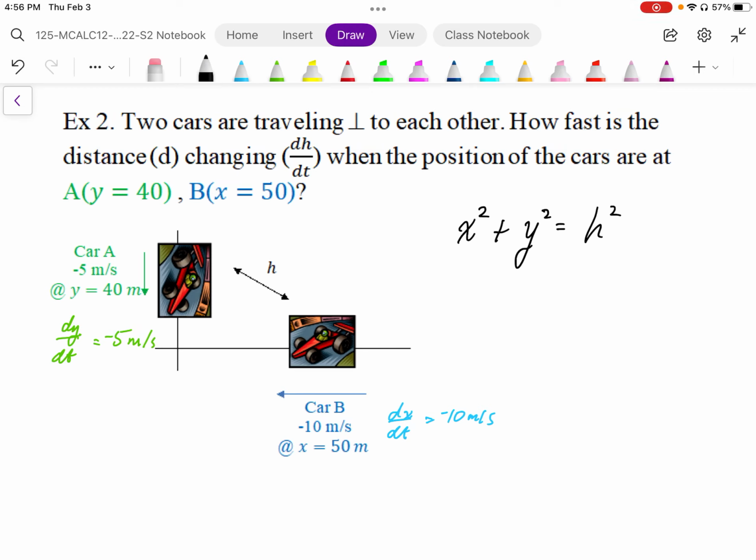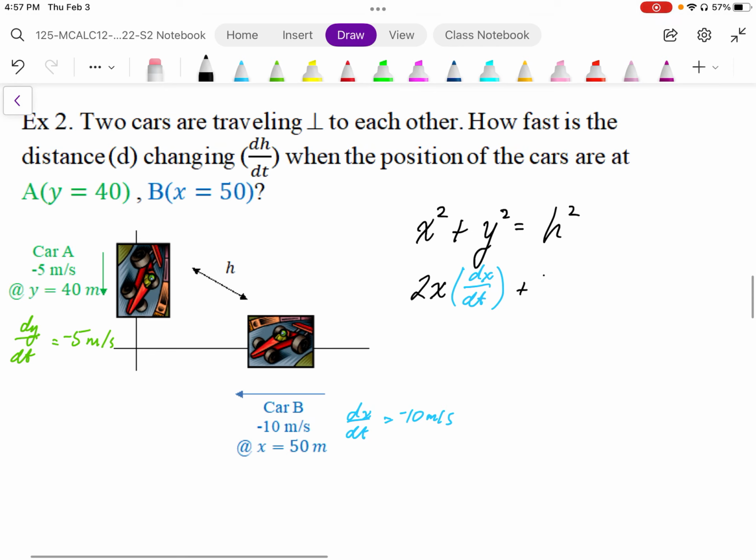So I have to be careful when I'm doing this because I'm going to differentiate this implicitly. I'm going to first start with the x squared. I'm going to differentiate x squared into 2x. But because x is an embedded function, okay, x is a function of time, I have to apply the chain rule and add in the times dx by dt. Plus, then I move on to the y squared. I'm going to differentiate y squared, so I get 2y.